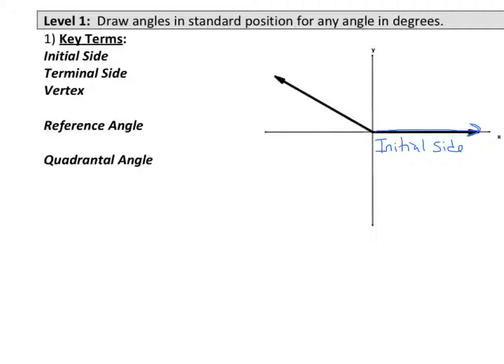And again, the initial side is on the positive x-axis. And then the terminal side is the other side of the angle, which is over here. This would be the terminal side, and it can be anywhere in the coordinate plane.